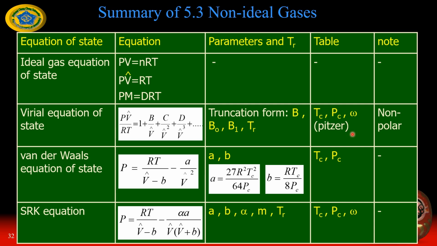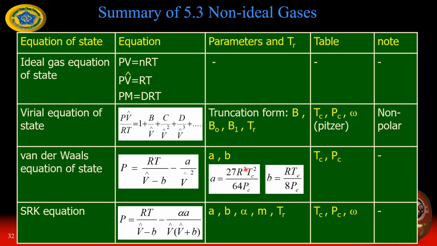Okay. So this is the virial equation of state, and after that we introduced the van der Waals equation of state. The van der Waals equation of state, as you can see, the equation is represented like this. So A and B, they are all constants. So you understand A is equal to this one, B equal to this one.